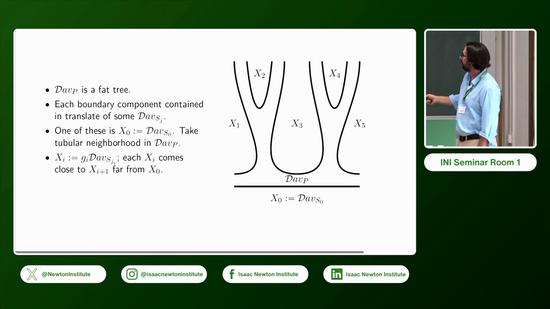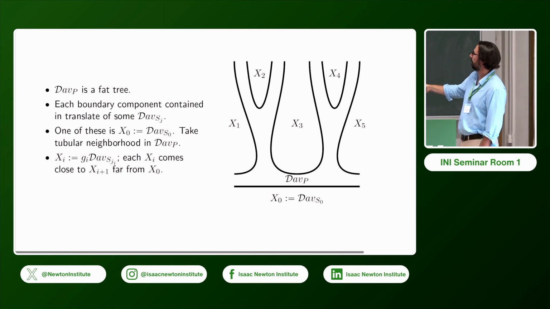What I've accomplished here is that this Davis complex of P is like the scaffolding, and I've attached the standard subcomplexes that I actually care about. I know now that X1 comes close to X2 far out here away from X0, and X2 comes close to X3 far out away from X0. X3 came real close to X0, but it also comes close to X4 far away from X0.